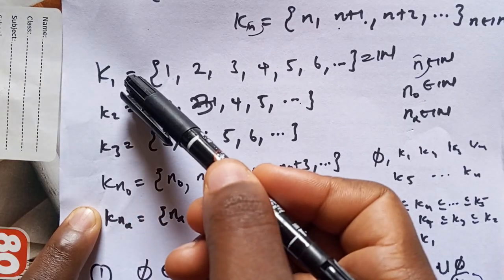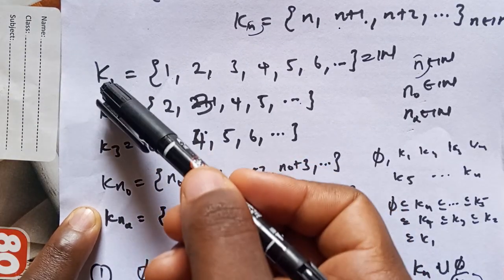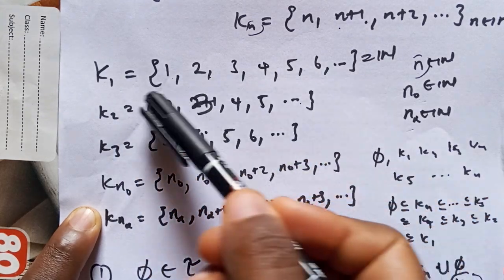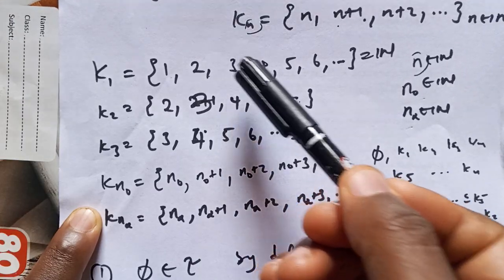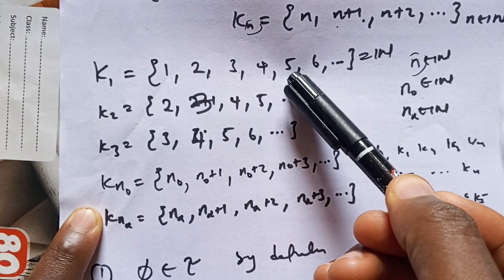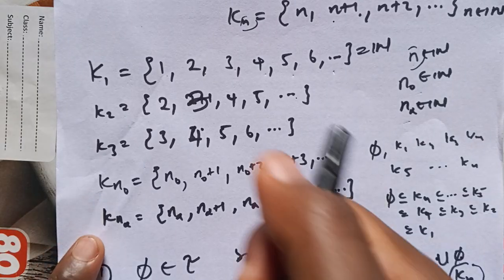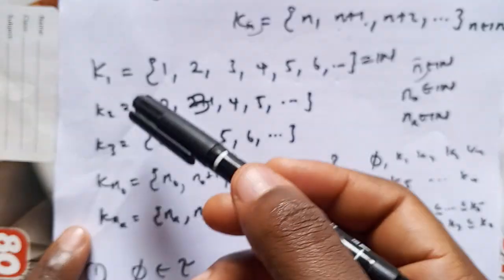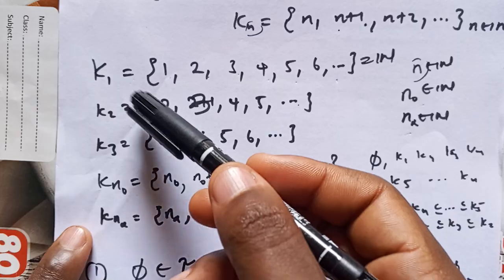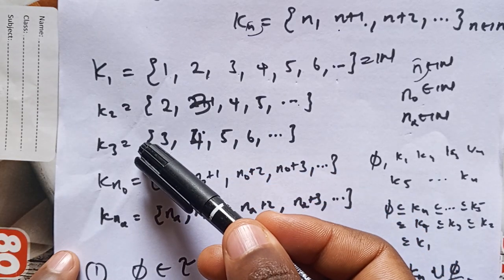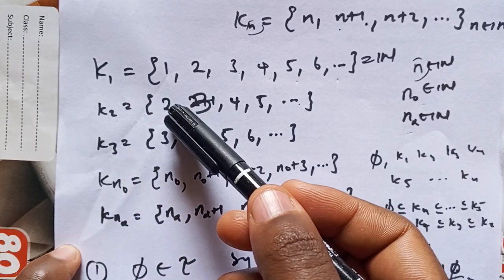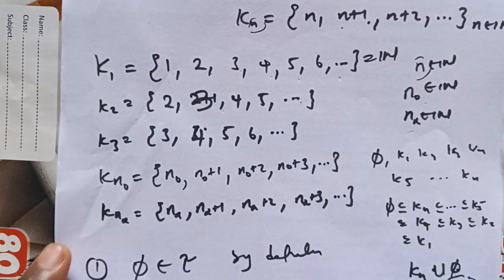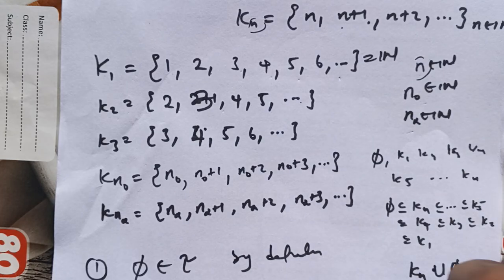So if 1 is the smallest number, then this set can be written as 1 plus 1, 1 plus 2, 1 plus 3, 1 plus 4, 1 plus 5. Now let's focus on this 2. If I do K2 union K3, observe that the union will fall on the smallest number 2. So this K2 can be written as 2 plus 1, 2 plus 2, 2 plus 3, of course 2 plus 3 is 5, 2 plus 4, and so on.